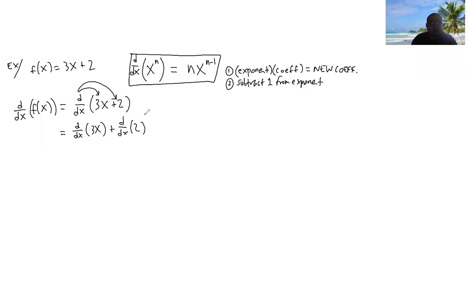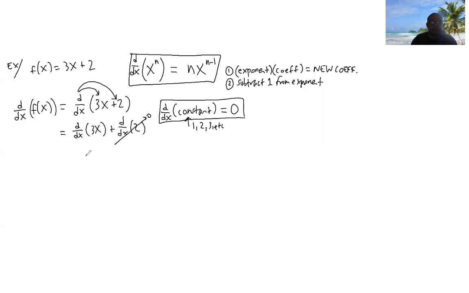We also said that the derivative with respect to x of a constant, and we define a constant as just a number, right? This can be like 1, 2, 3, and so on. The derivative of a constant is always going to be equal to 0, okay? And so 2 is a constant, so this we can automatically kick to 0. Now we're going to look at this, okay?